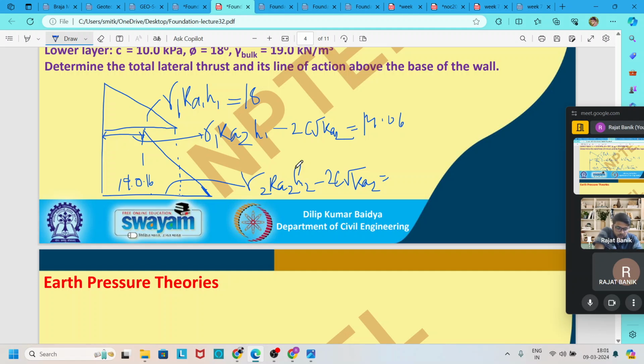So gamma 2 is 19 into 0.53 into H2 is 3 minus 2 into 10 into root 0.53.